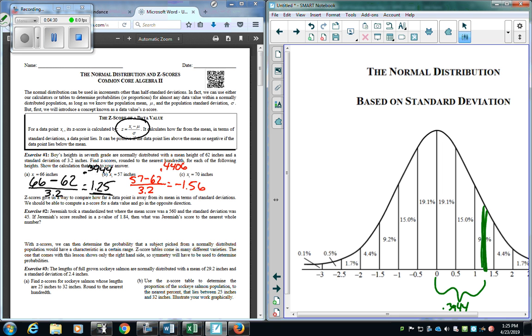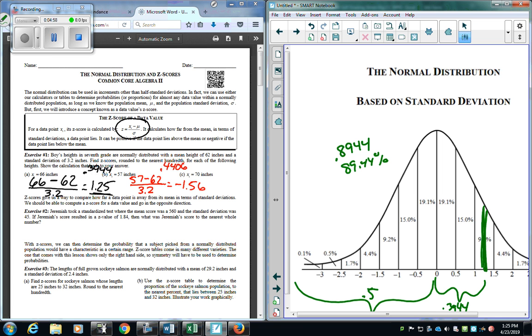Now, if we wanted to figure out how many people were below that mark of 66, we'd have the 0.3944, and we'd also have this half, which is 0.5. So as far as a percentile goes, that 1.25 is going to be 0.8944 total, or 89.44% of the data.